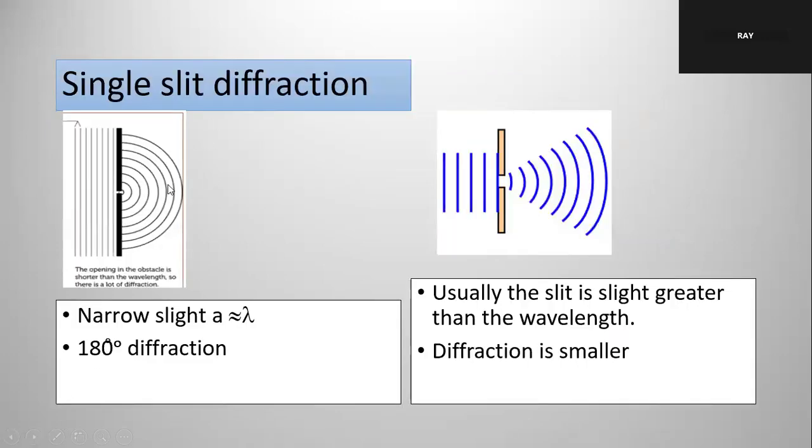For a single narrow slit, when the aperture equals lambda, you get 180 degrees diffraction. Usually we cannot get that small, near the wavelength. Usually the slit is much greater than the wavelength, so diffraction is smaller.